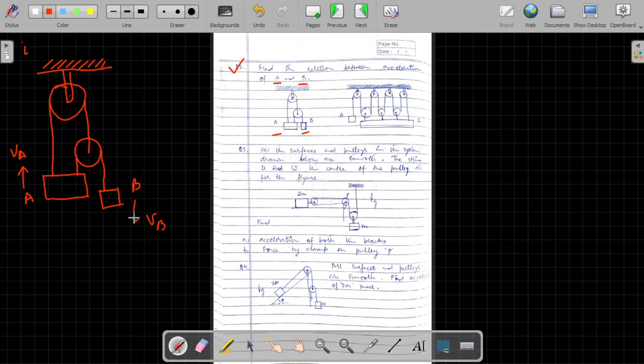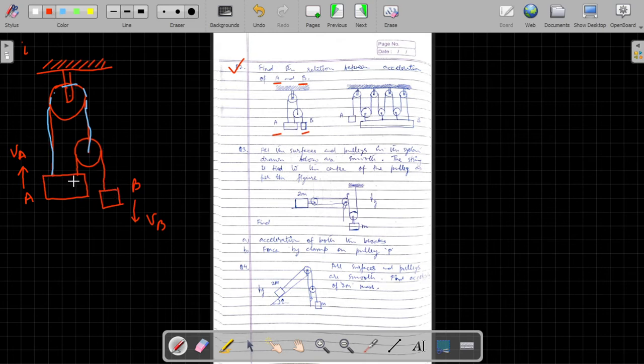As you can see, in this question we have two strings. String number 1 is colored blue, and string number 2 is colored red. The blue string is connected to the pulley and the block, and the red string is connected to both the blocks.